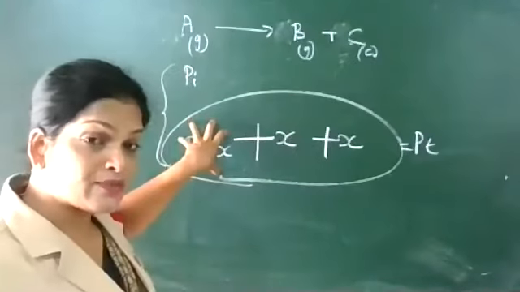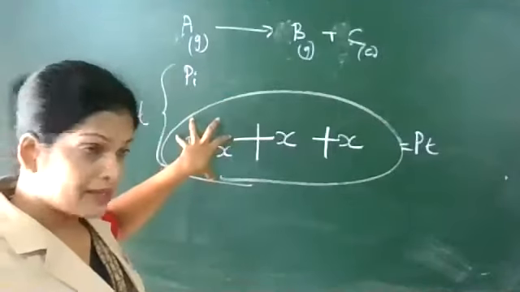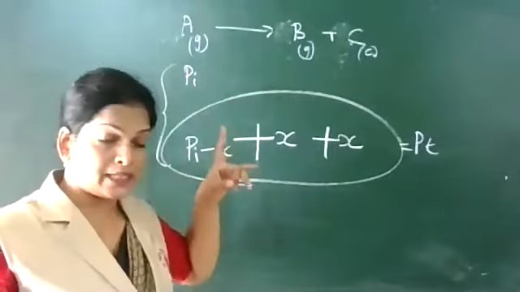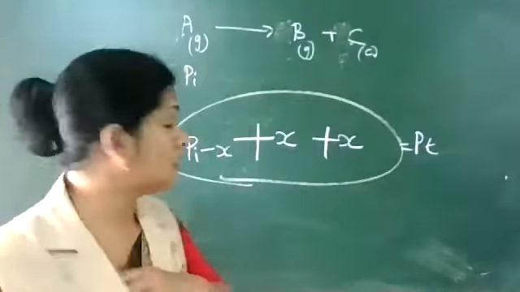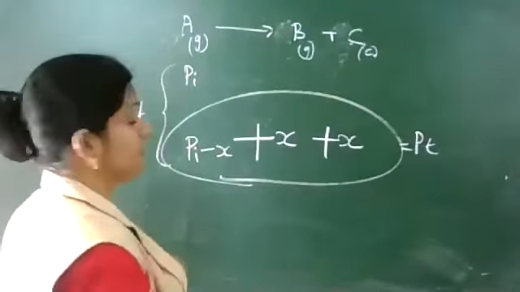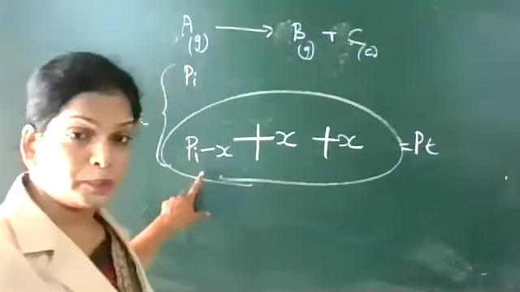the remaining A, this we require for that P. K is equal to 2.303 upon t log P naught, that is Pi, upon P. What is P?